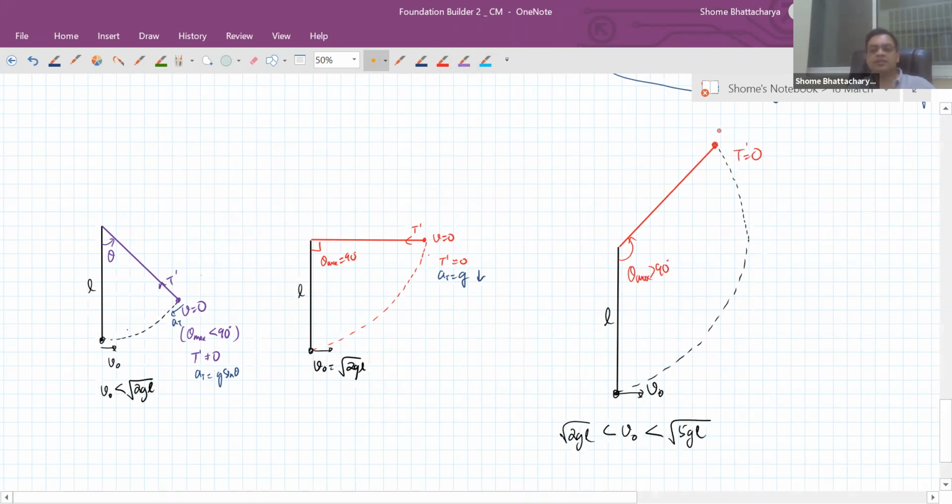Because at that point it has some speed v, and mg cos beta, where this angle is beta, has become equal to mv square by L. So the tension in the thread has become 0.